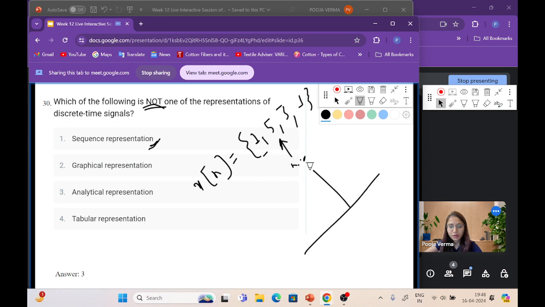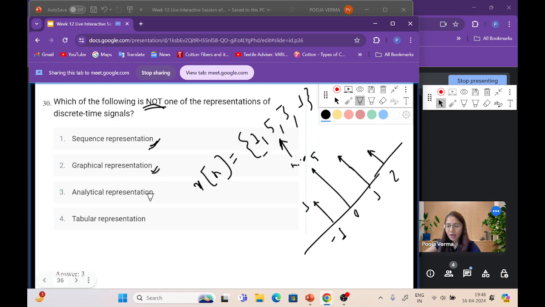At n equal to 0 it is 5, at n equal to 1 it is 3, at n equal to 2 it is 1, and at n equal to -1 it is 1. So graphical representation of a discrete time signal is also possible, that means it is correct.